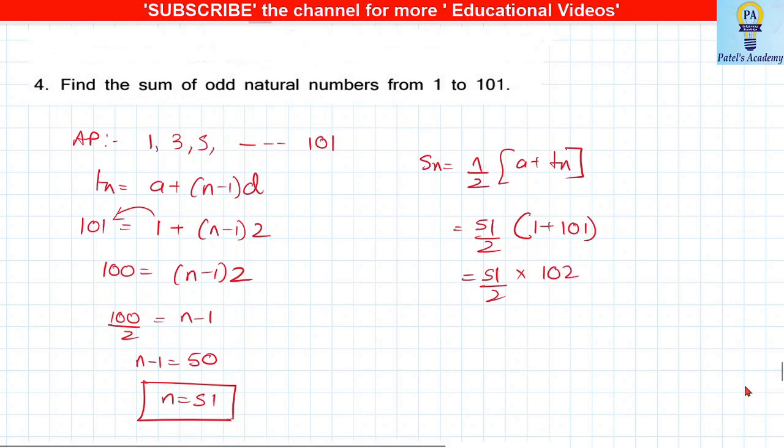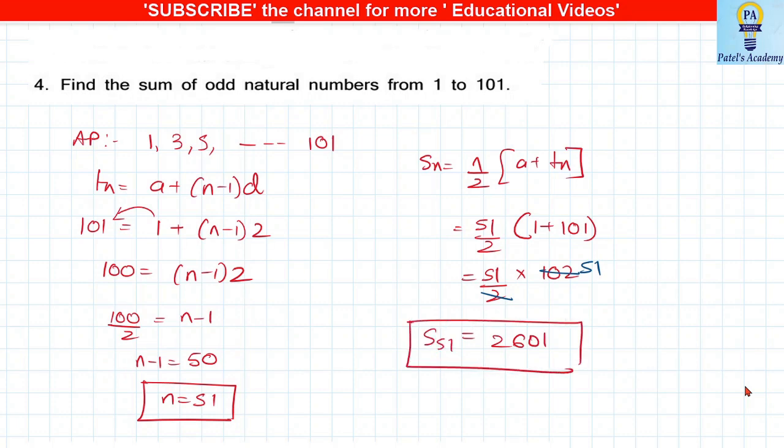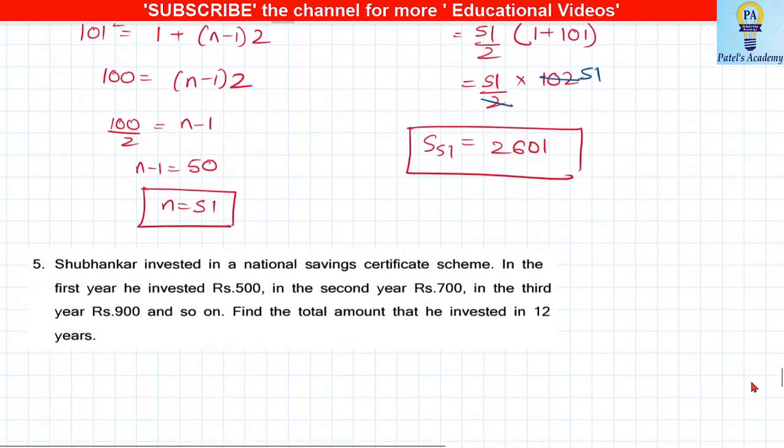If I reduce this, this will be 51. So your answer is nothing but 51 square, that is 2601. That is S51, the sum of the first 51 odd numbers. Okay, let's see the next one.